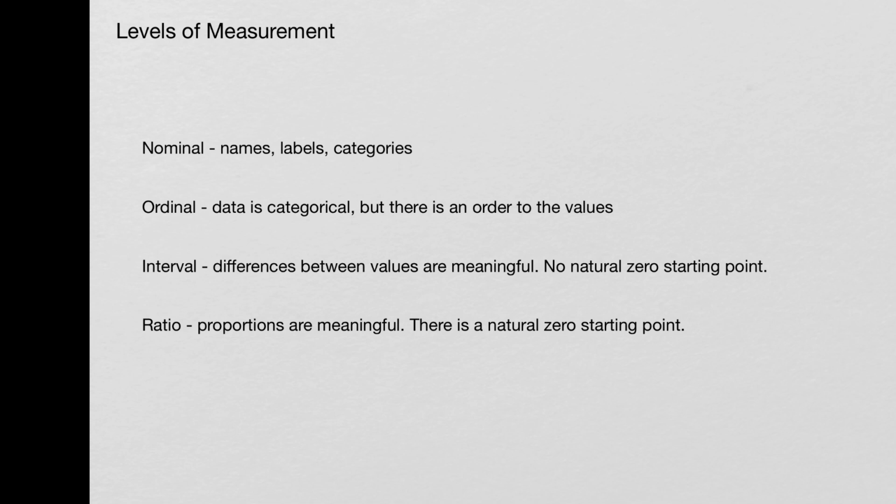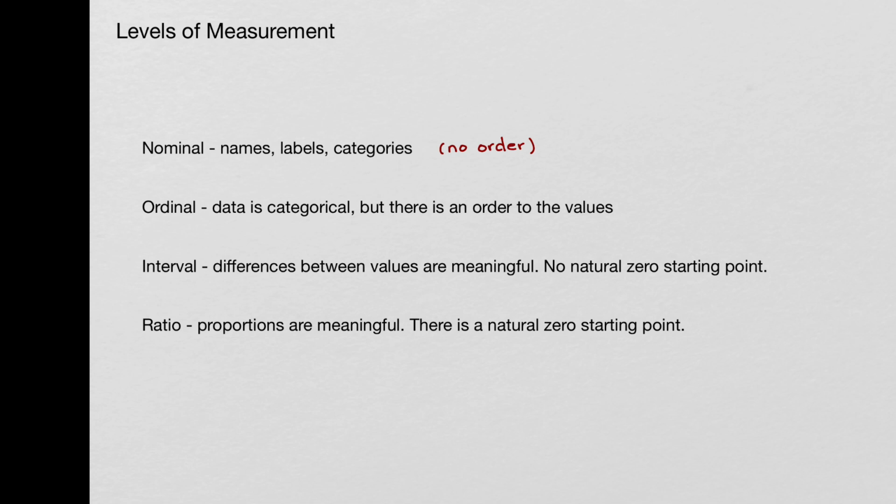So here, there's no order to these values. Sometimes people think about alphabetical order, but if we were listing the names of countries in the world, we could list them alphabetically, but that doesn't make the order about the actual countries themselves.